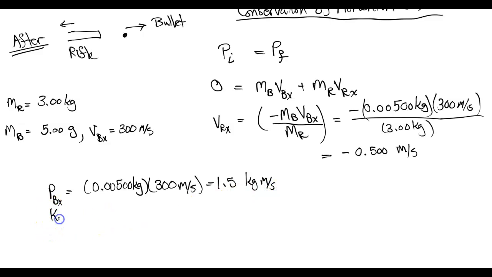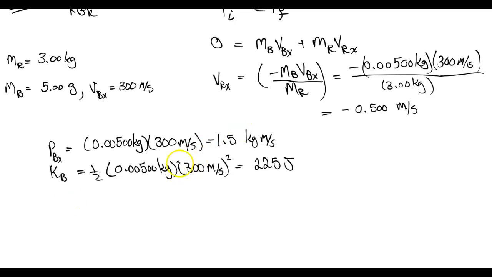The kinetic energy of the bullet is 1/2 the mass times the velocity squared, which gives us 225 joules.